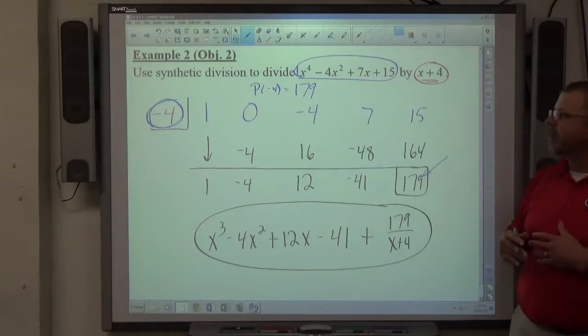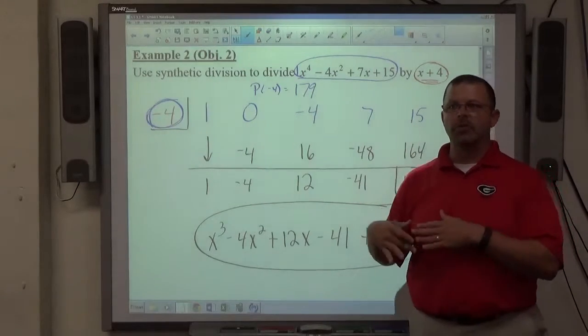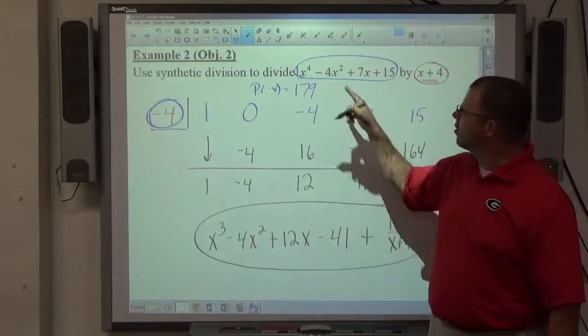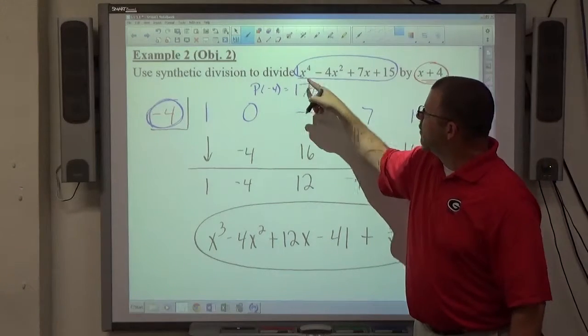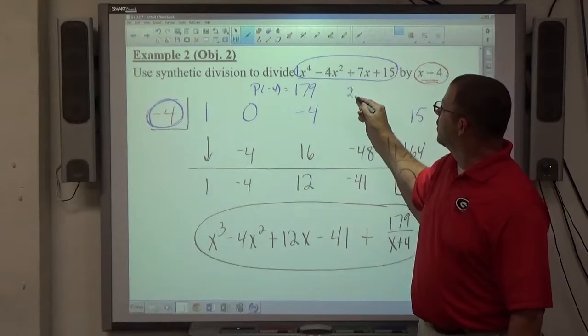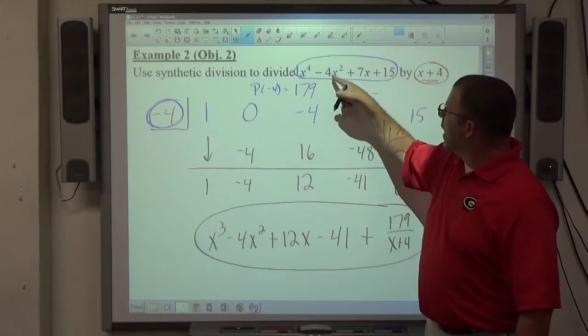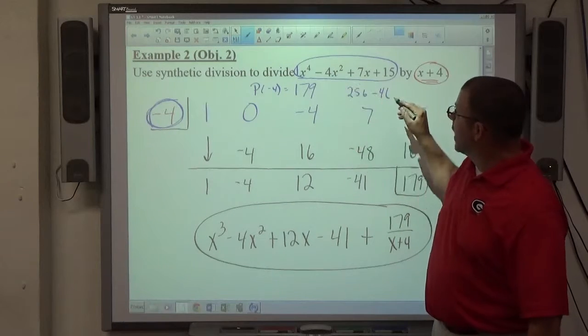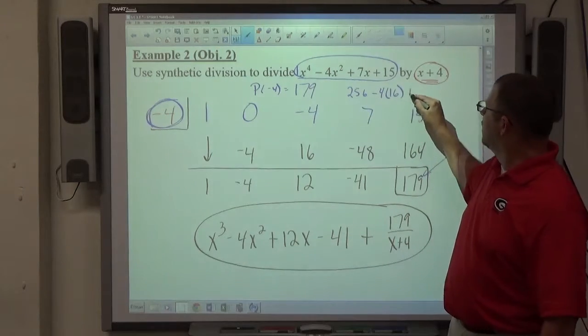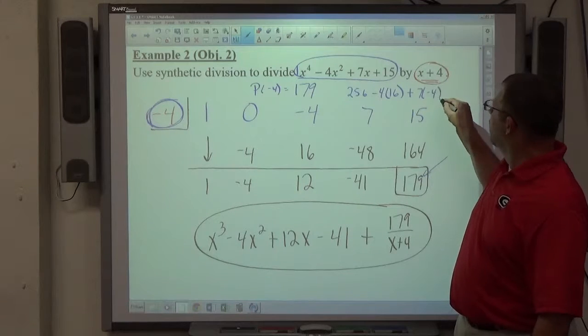All right? So if I want to evaluate P of a number, this is another way of doing it rather than just substituting the number in. Notice, if I did substitute the number in, negative 4 to the 4th is 256. Negative 4 times negative 4 squared is negative 4 times 16, plus 7 times negative 4 plus 15.